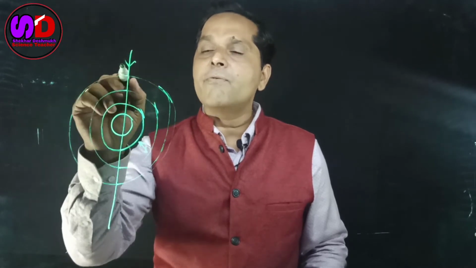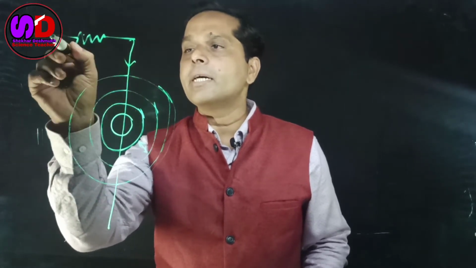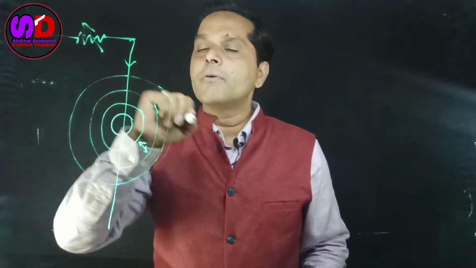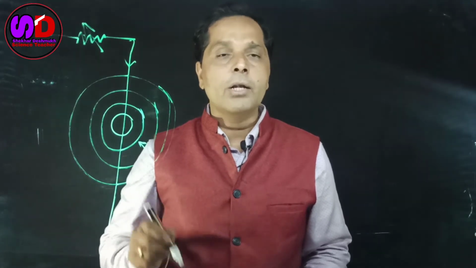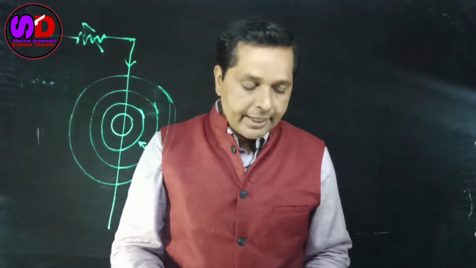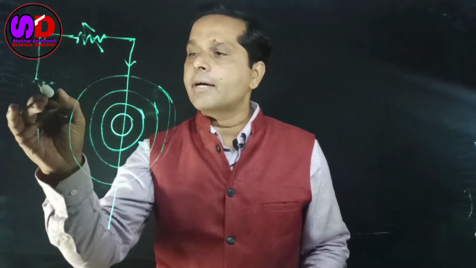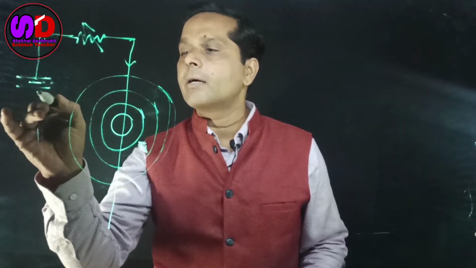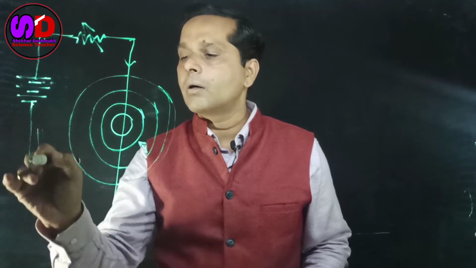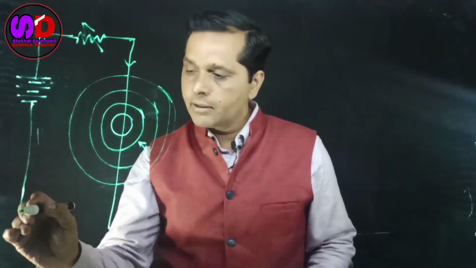So as if we increase the current flowing through the circuit, I am not completing the circuit here. Okay, let us complete the circuit here. It is a rheostat, or we can call it a variable resistance. Then we take a battery here and a key.